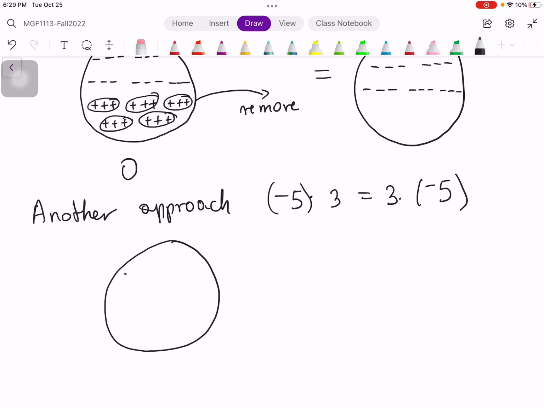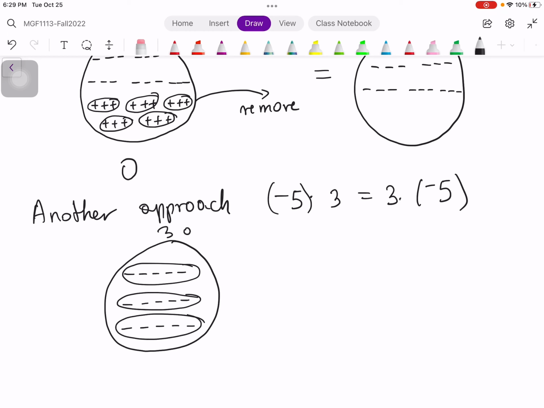So 1, 2, 3, 4, 5, that's one group. 1, 2, 3, 4, 5, that's the second group. 1, 2, 3, 4, 5, that's the third group. So this is 3 groups of 5 minuses, which of course we realize is negative 15.